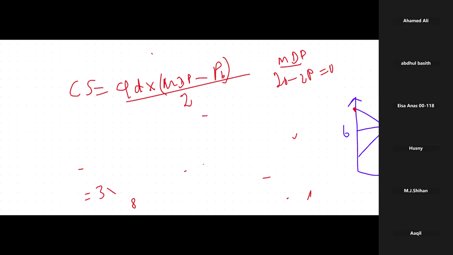So 20 is equal to 2p, price equals 10. So we must find out the maximum demand price.